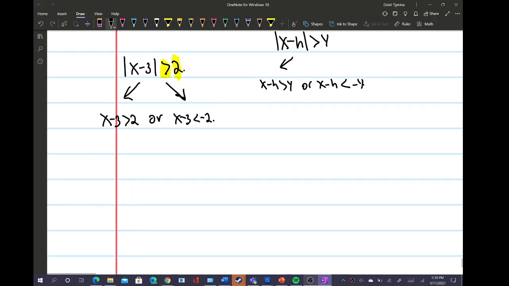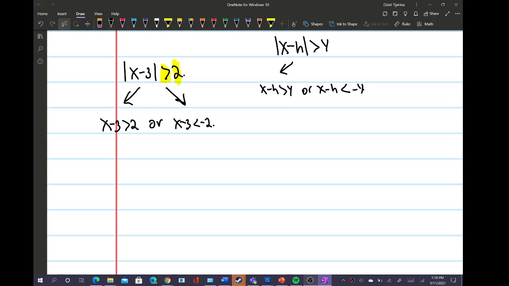Now, you want to go ahead and say, okay, if I add 3 on both sides, and there's always a way to check this once you're done with it. If I add 3 on both sides, I get x is greater than 5, or, and then I do the same thing to the other one, add 3 on both sides, I get x is less than 1.